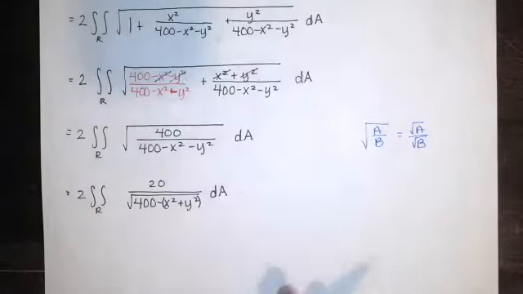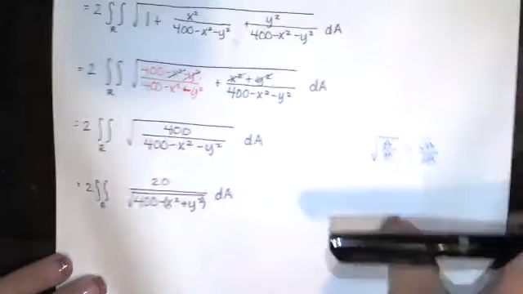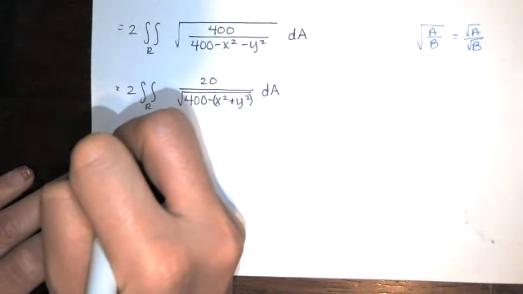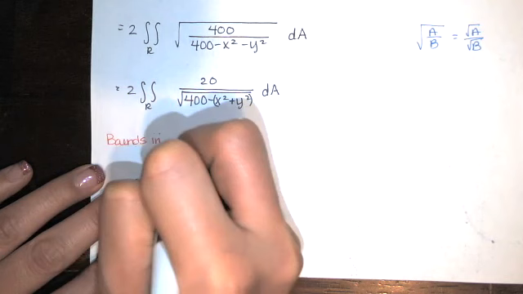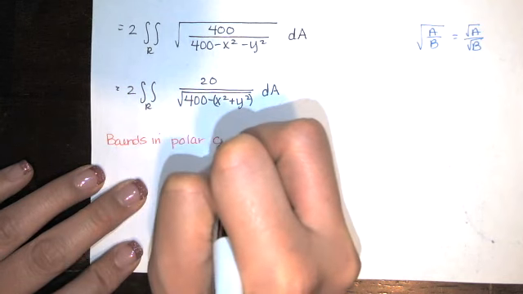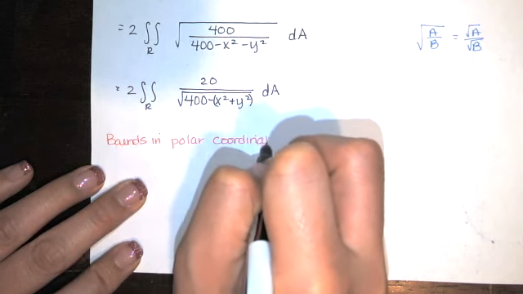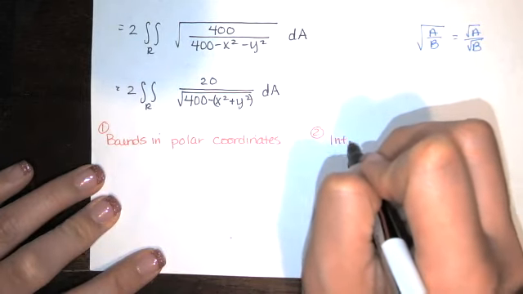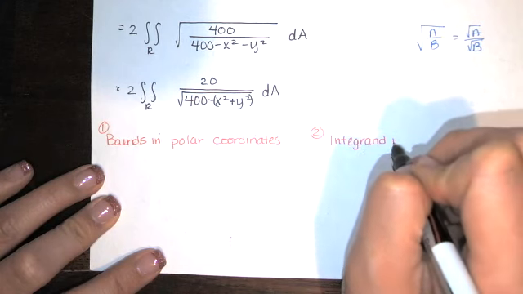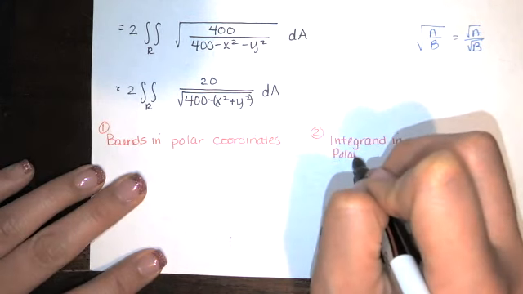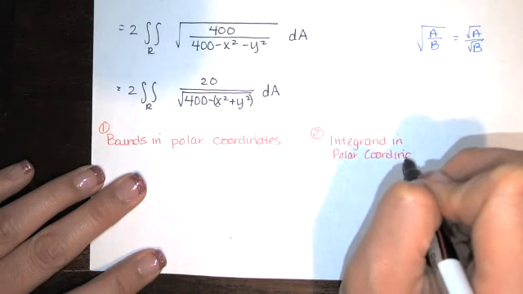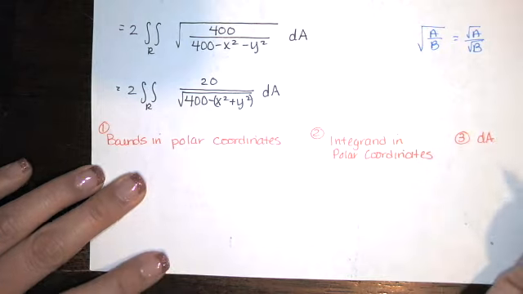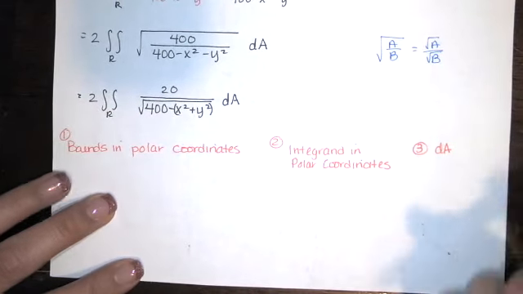That means we need three things to switch to polar coordinates. You need bounds in polar coordinates. We also need an integrand in polar coordinates. And we need a dA in polar coordinates. Now I'll just substitute dA here.